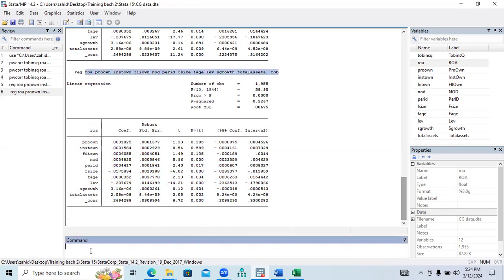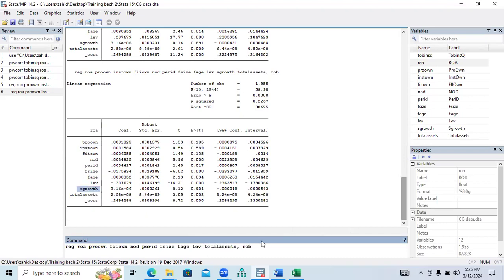We can copy this regression command from here, put it here, and decide which variables we need to remove. First we need to exclude those variables which are highly insignificant, like institutional ownership. We need to remove it from here. Then we need to see which variable is highly insignificant. That was S growth.